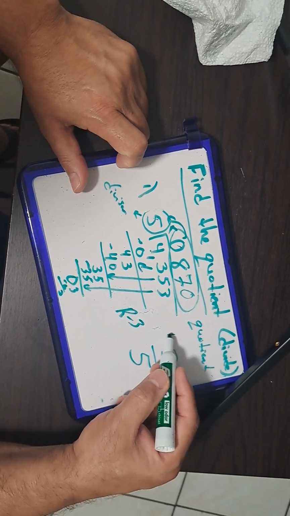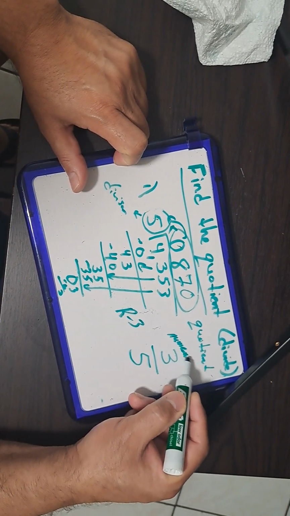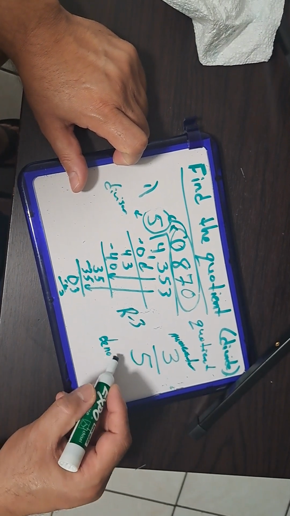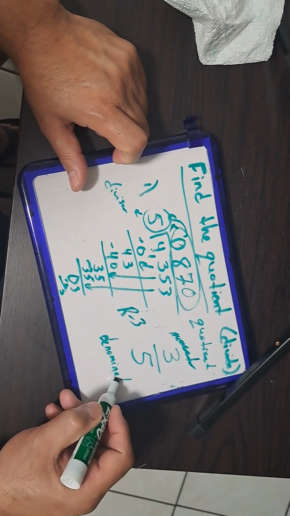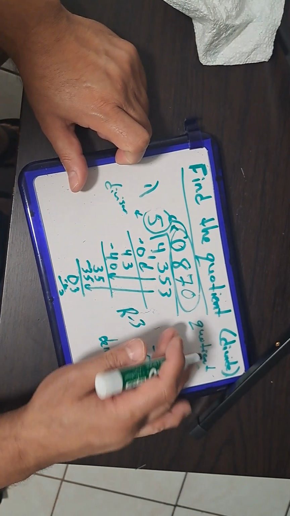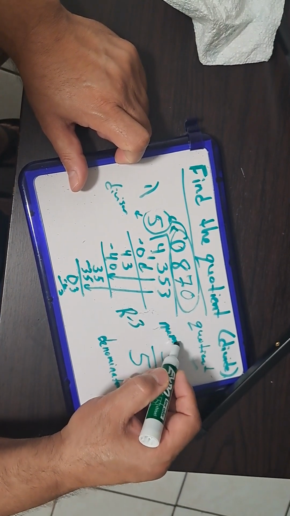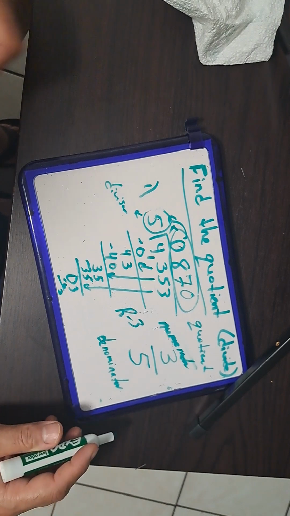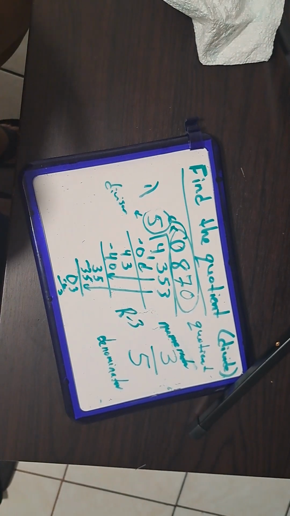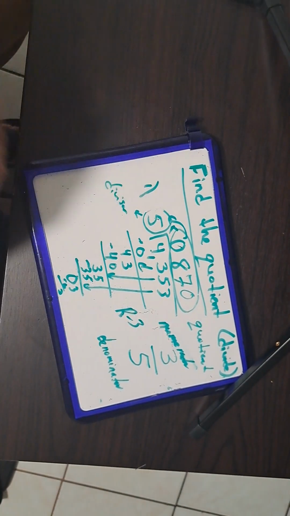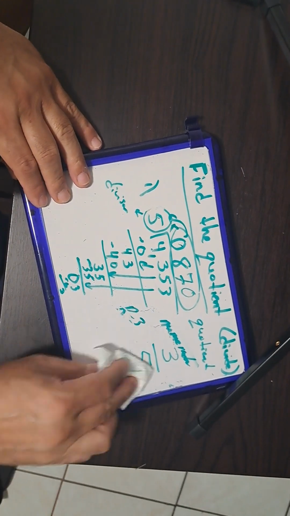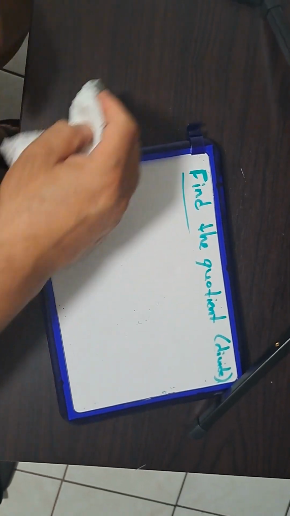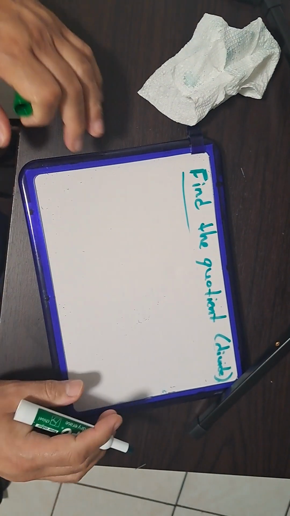That will be numerator and denominator. So that's how you find a quotient when you divide, using those 4 steps. Always the same 4 steps all the time.